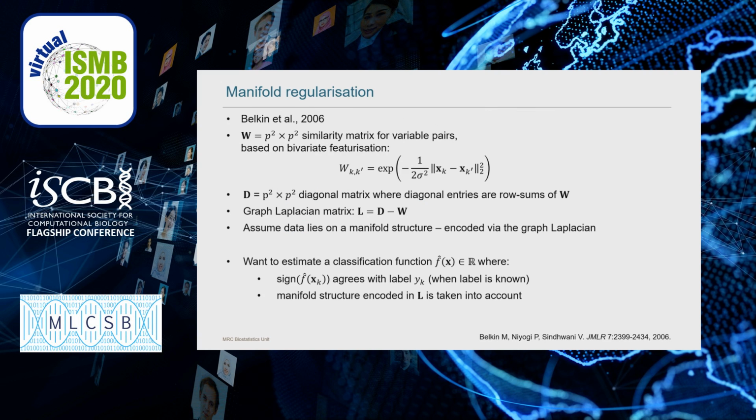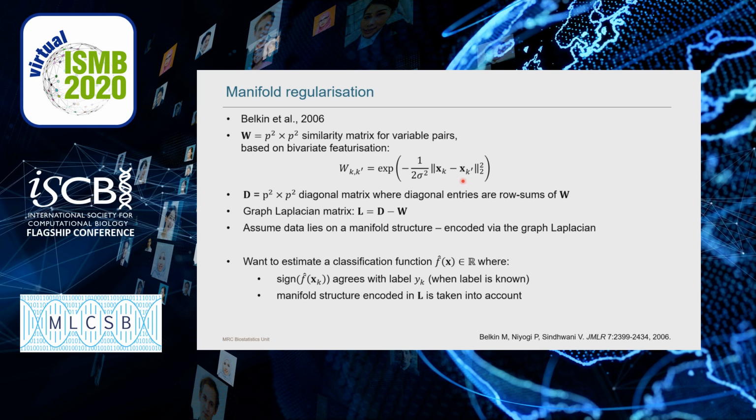For the semi-supervised classifier, we follow the manifold regularization approach by Belkin et al. And here I'll just give a very brief overview of this approach. So we form a p squared by p squared similarity matrix W for the variable pairs, given by this similarity function here.